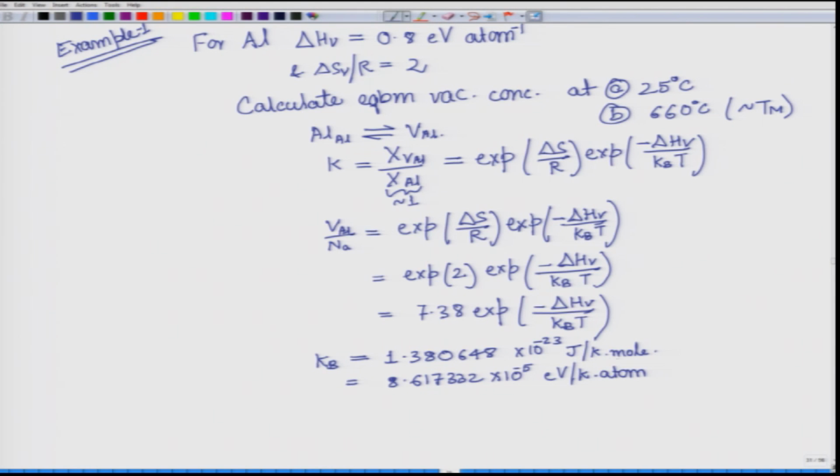This is in joule per Kelvin per mole, this is in electron volt per atom per Kelvin, and there is also another unit, erg per Kelvin per mole. Now we know this quantity, and the temperatures are given, so we can quickly calculate this and multiply it with Na to get the number of vacancies per mole.